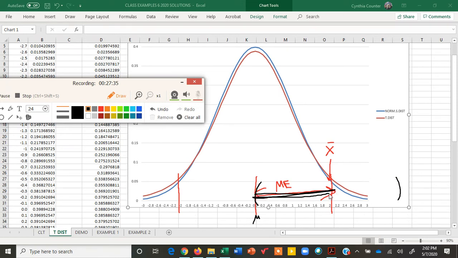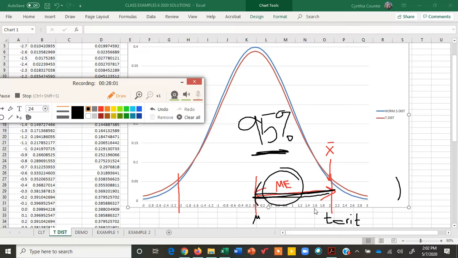Remember, that maximum likely difference all depends on the significance level, because that determines t-crit, because t-crit defines the middle 95%, and that's going to be different for different sample sizes. So this is the margin of error.